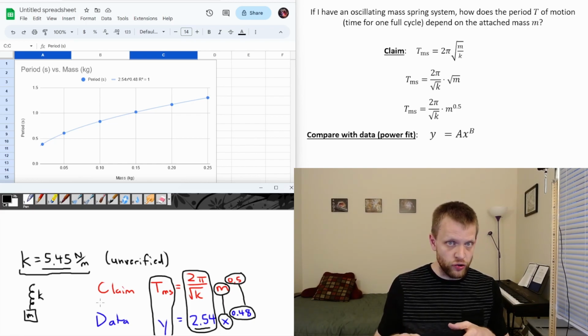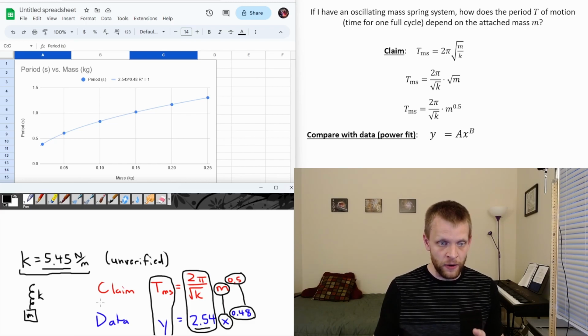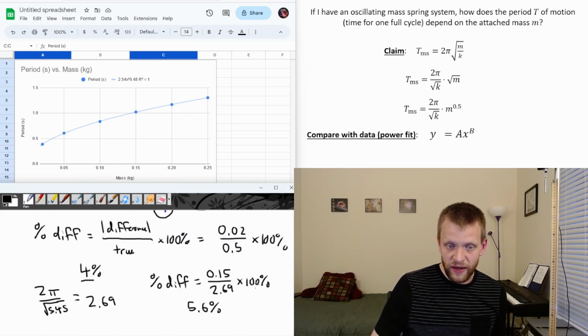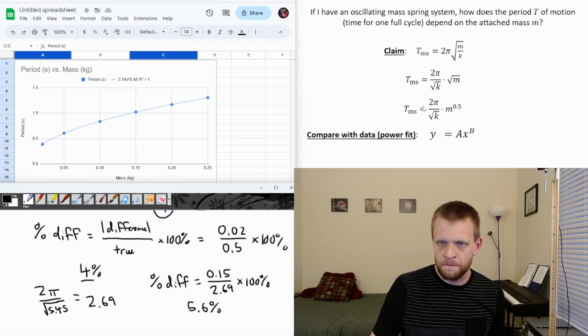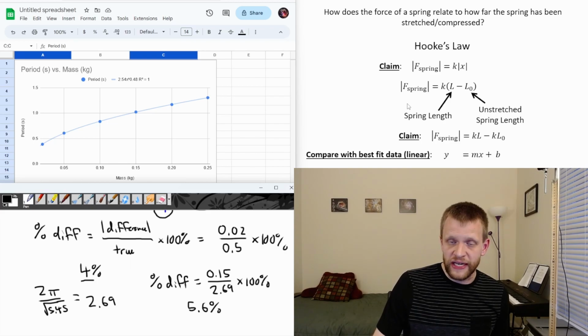We want to always try to minimize those sources of error, but recognizing that those sources of error are present, this is a very good match and strongly supports our particular claims, both for this equation for how the period of a mass spring system depends on the mass and the spring constant of that system, and the previous claim of Hooke's law.